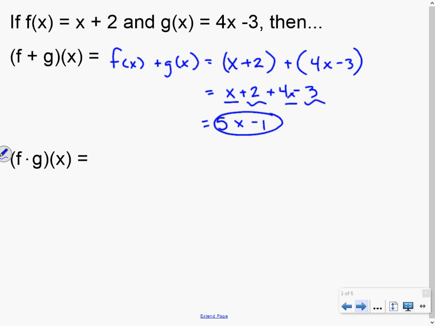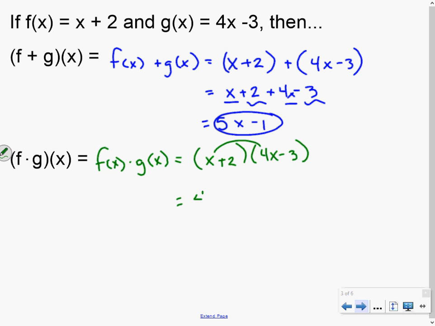F times g of x is going to be the same as f of x times g of x, which is going to be x plus 2 times 4x minus 3, and then we're just multiplying. So x times 4x is 4x squared, x times minus 3 is minus 3x, we get a plus 8x here, and then at the end we get a minus 6.